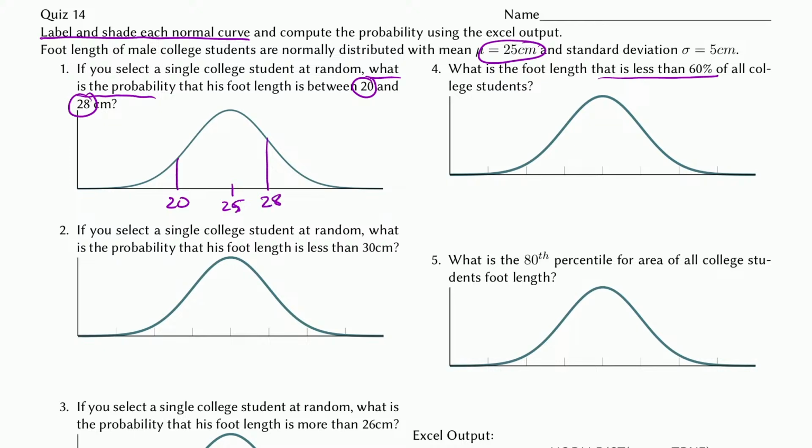And at least go to the trouble of putting them approximately where they should be. For example, 20 is a little further from 25 than 28. Like I said, I'm doing the bare minimum. I realize that 20 would be one standard deviation away from the mean, so it should be at that first line if there was a line.